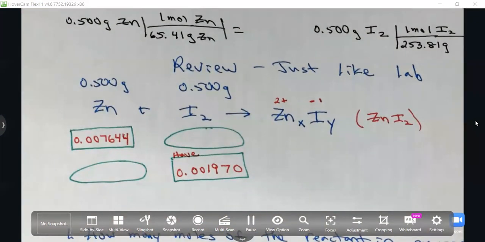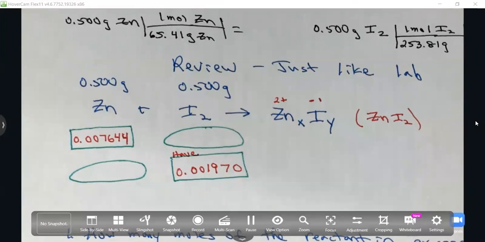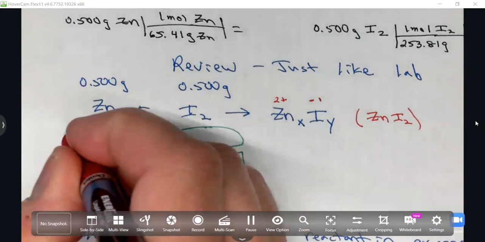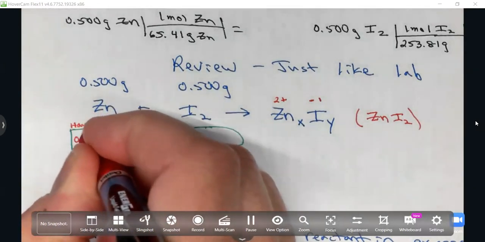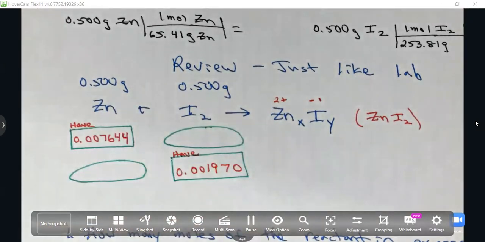So this is our starting moles. This is what we have for moles of each.